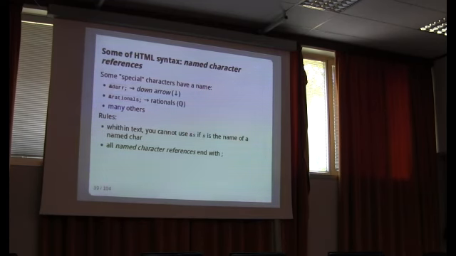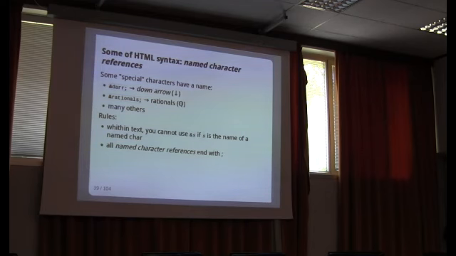Another part of the simple HTML syntax rule set concerns the name character references, which says that there is a set of special characters, and each of these characters in this set has a name.